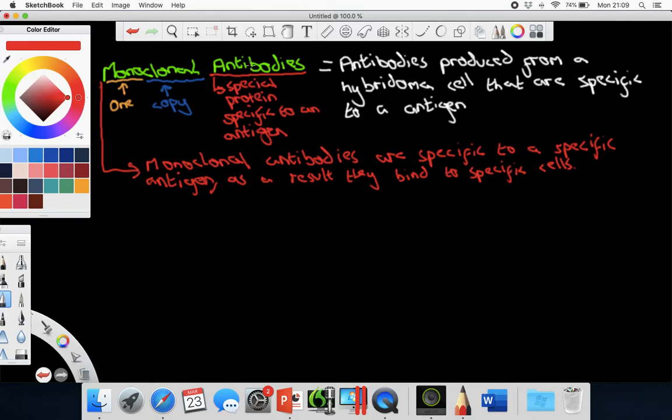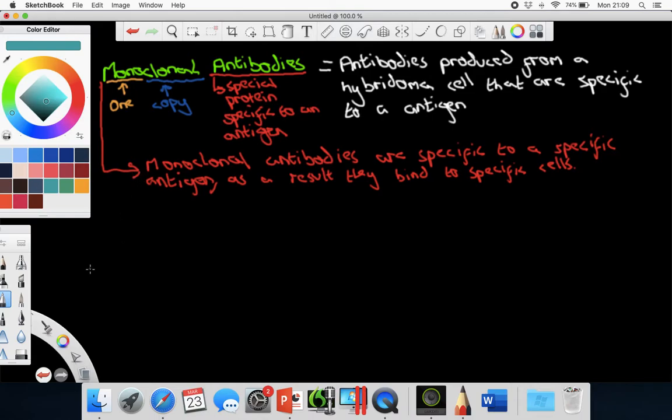Now, monoclonal antibodies are used for three main purposes. So if I can just change my colour, we'll go for this nice turquoise. I must admit, the one benefit to using this style of teaching is I have so many more colours in this colour palette than I do my normal ball pens. I'm loving it.